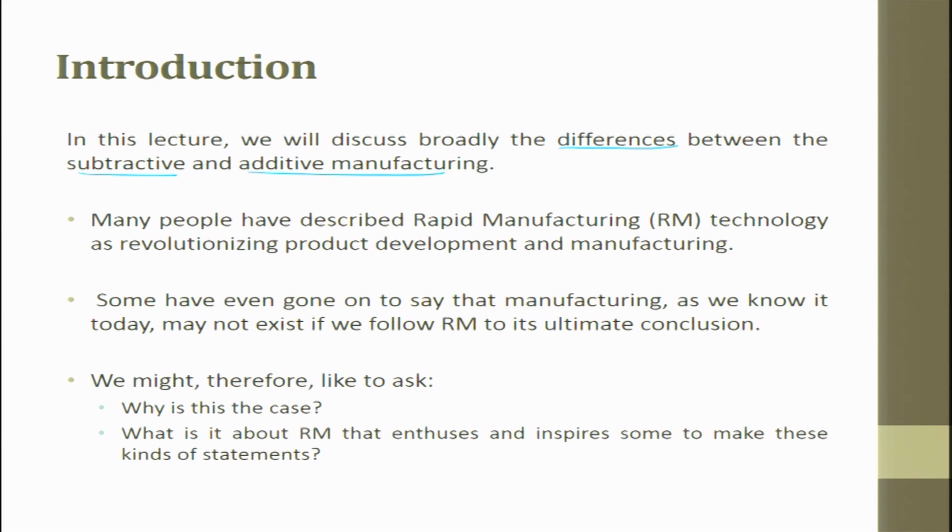Many people have described rapid manufacturing technology as revolutionizing product development and manufacturing. They say that it is going to reduce the product life cycle time. Some have even gone on to say that manufacturing as we know it today may not exist if we follow RM to its ultimate conclusion.